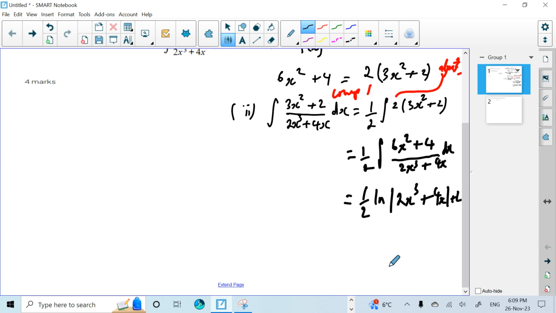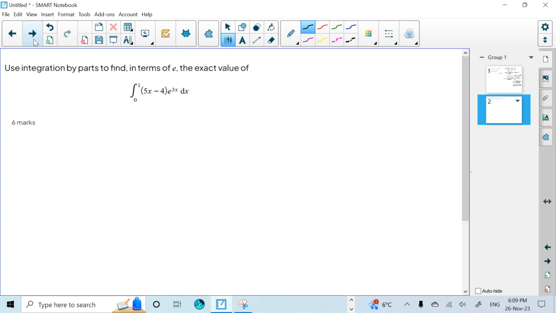Okay, the next question is involving integration by parts. And it does say integration by parts to find, in terms of e, the exact value of the integral with limits 1 to 0, of 5x minus 4 brackets e to the 3x.